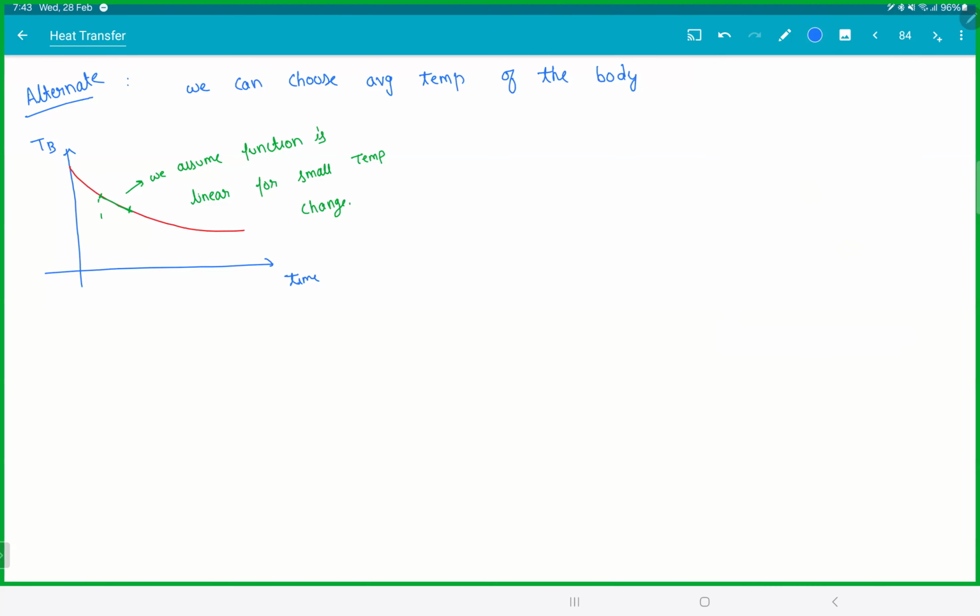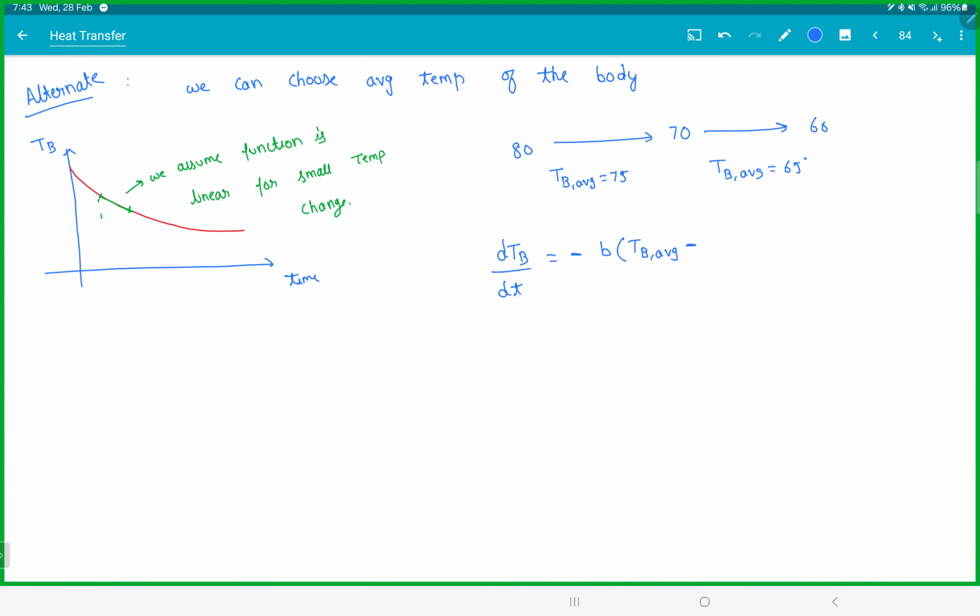So what we do in this method, you're going from 80 to 70. So we take the body's average as 75. Means you're assuming you're losing heat at a rate at 75 degrees. Then 70 to 60, you take the average body temperature as 65. And this is the formula we use. So dTb by dt is minus b, body's average temperature minus Ts.